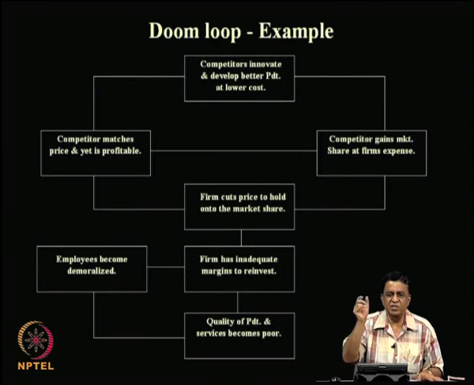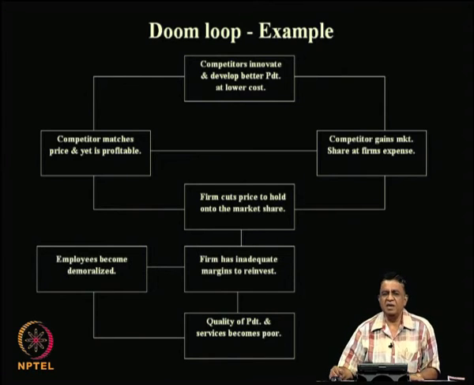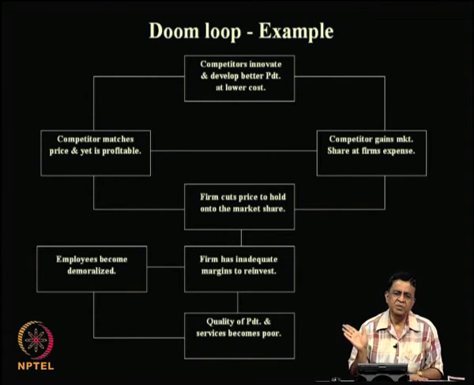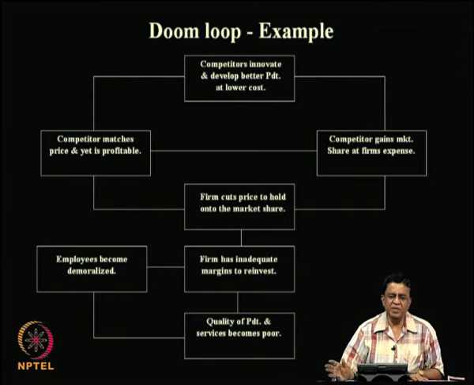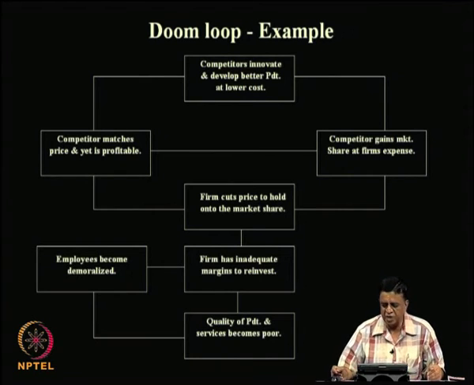So, this is a situation where employees are telling the company, we also want to innovate, but the company is not able to go along with the employees because it does not have adequate margin. So, you find yourself in this block, that is, the firm has inadequate margins to reinvest. Then what is going to happen?